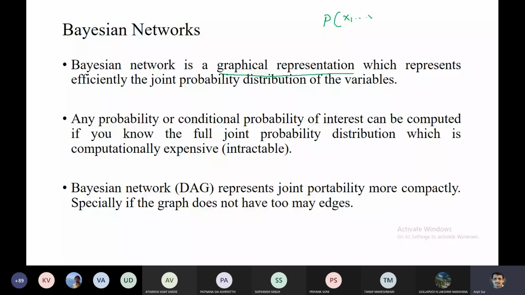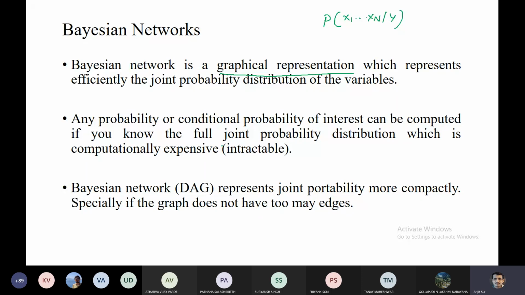Any conditional probability of interest can be computed if you know the full joint probability distribution, which is completely expensive, as already said. And this Bayesian network represents the joint probability more compactly, as we have seen in the last slide, especially if the graph doesn't have too many edges.